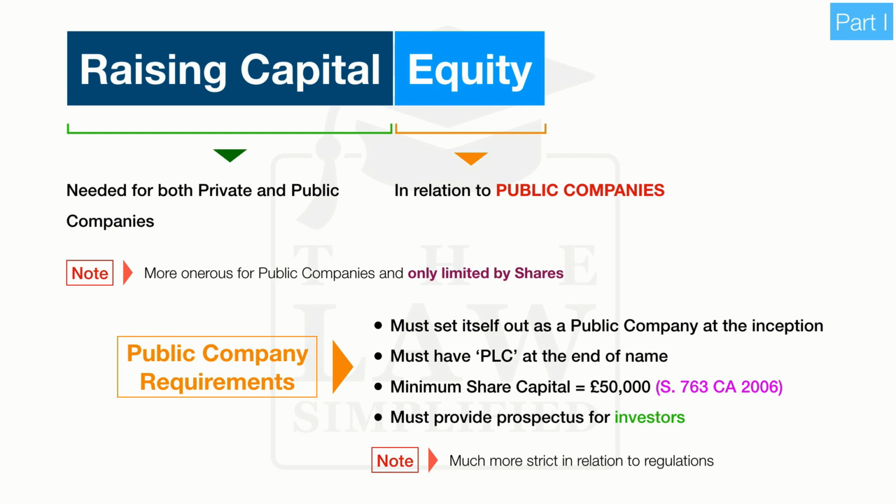As you'd notice, even at this stage, the regulations are far more strict, and in this topic of raising capital, we will be looking at the actual methods by which capital is raised, but more so towards the regulation in order to prevent the abuse of this system.